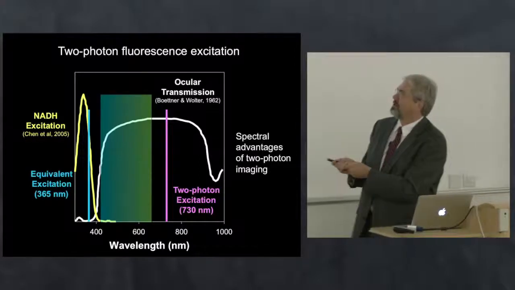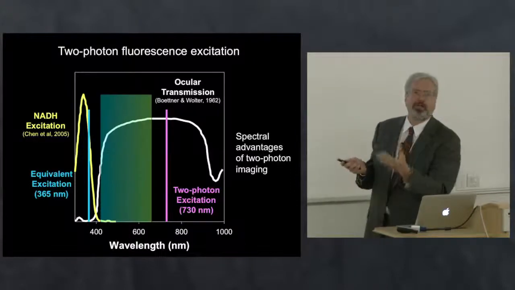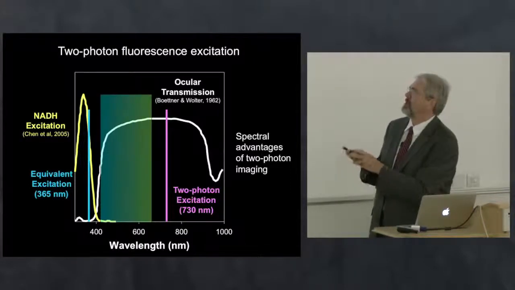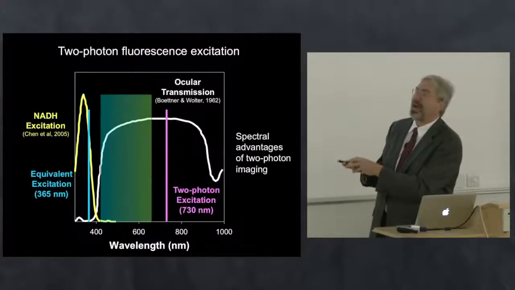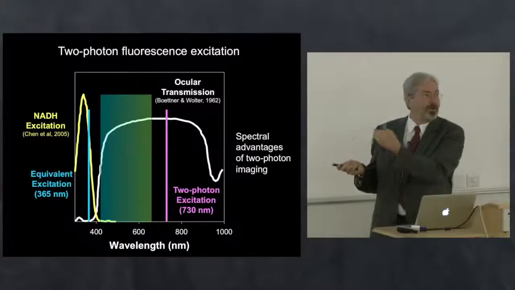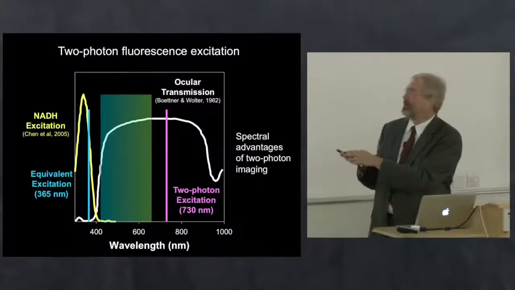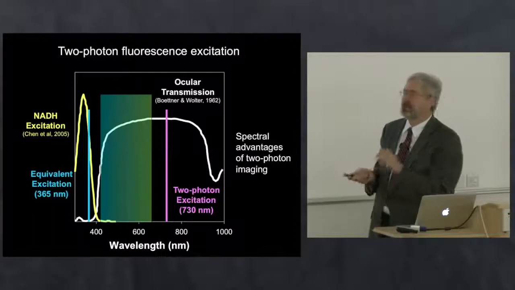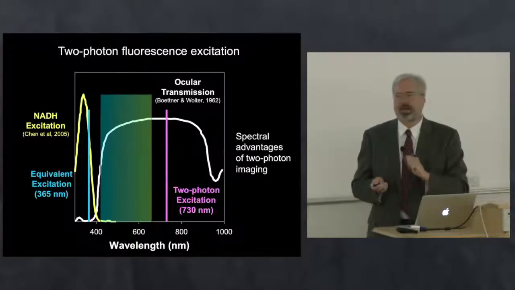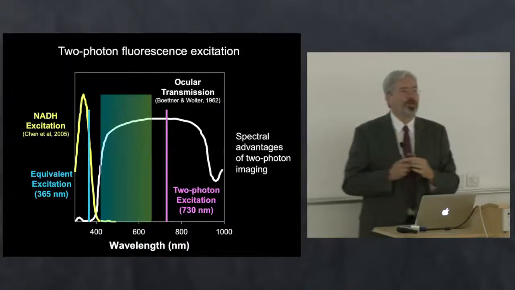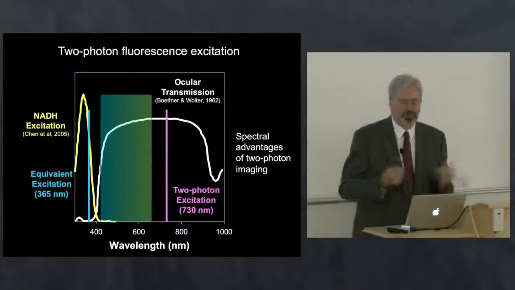So it behaves as though, because of this nonlinear interaction with the NADH molecules, it's in the UV, tickles the molecule, excites the molecule, and the fluorescence is at longer wavelengths. So it comes back through the window. So this band shows the fluorescence. So you can put light in, you can tickle a molecule you could normally not see at all, and then the light comes back out through your window, and you can learn about that molecule in the eye.